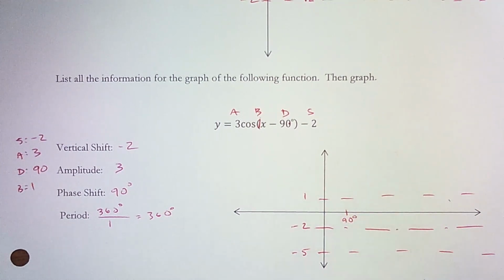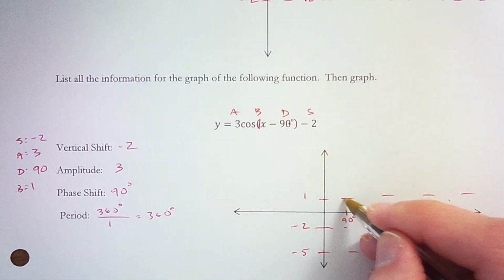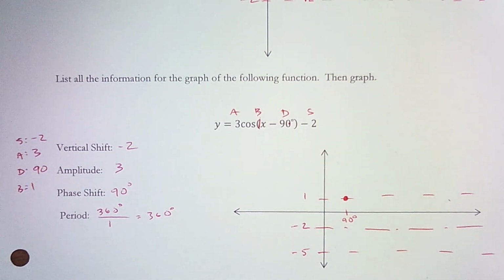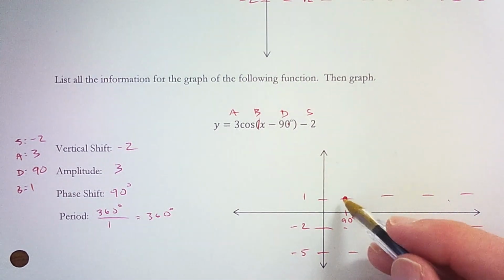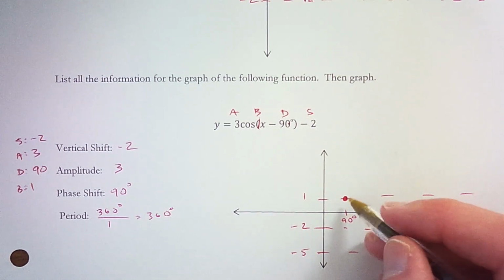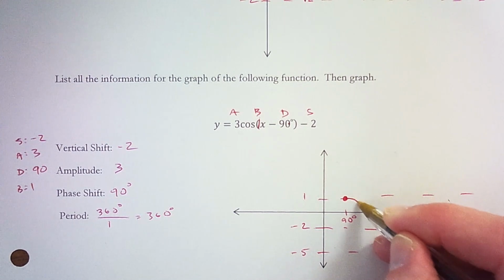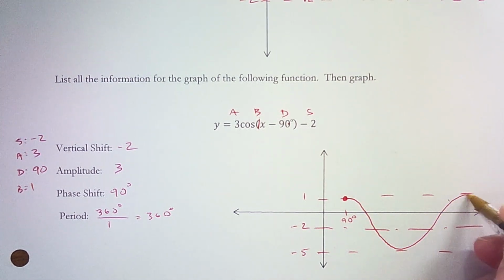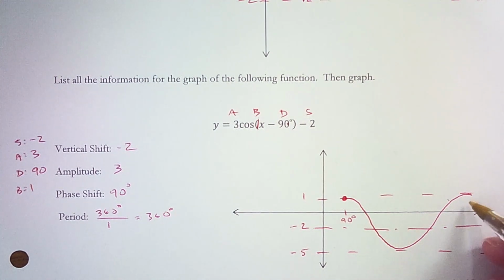So we're going to call this 90 degrees right here and start at the maximum right there at 90 degrees. Now a cosine graph, since it starts at the top, we need to make sure it's curved. The graph is going to be curved at the top or bottom, so we start coming out of the back side of a curve and then back up to the top, and there is our 1 cycle.